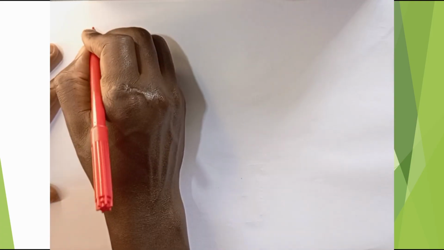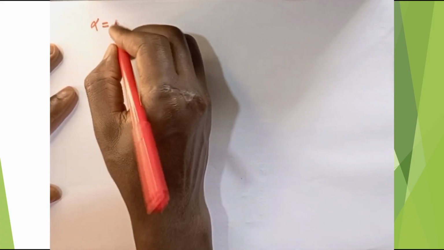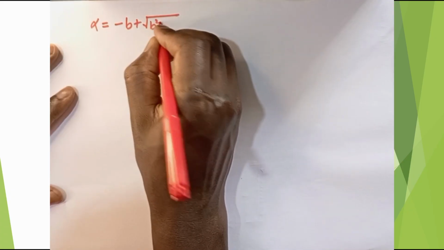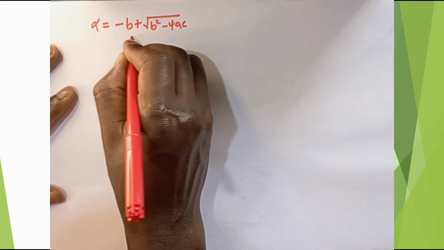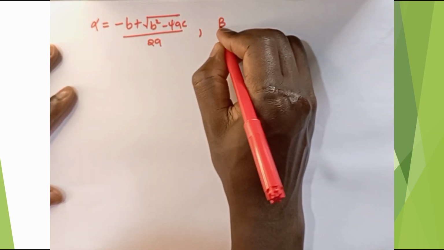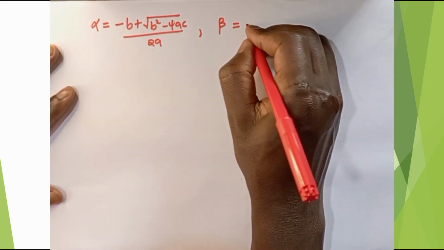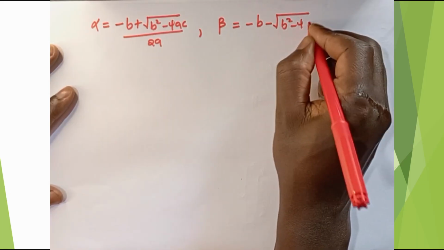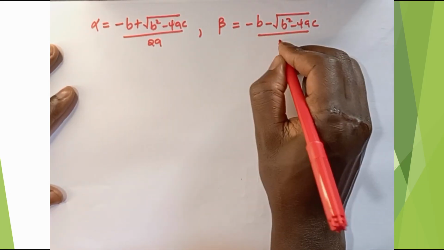Now, our alpha is negative b plus the square root of b squared minus 4ac out of 2a, and our beta is negative b minus the square root of b squared minus 4ac out of 2a.